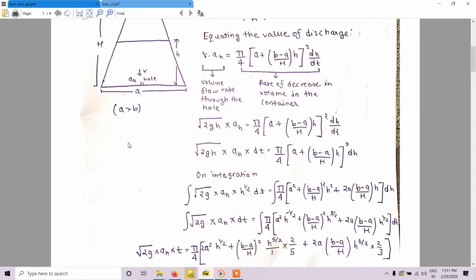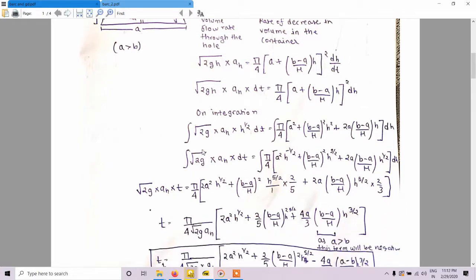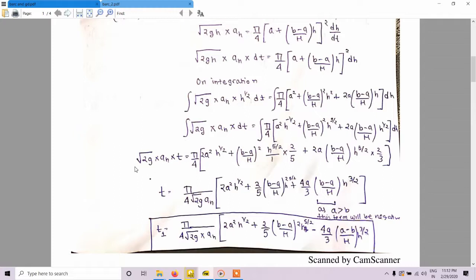Now we will take dt to this side, and we also have to take h from the left side to the right side, and then integrate. On integrating, dt will become t, and h to the power minus half will become h to the power half into 2, h to the power 3 by 2 will become h to the power 5 by 2 into 2 by 5, and h to the power half will become h to the power 3 by 2 into 2 by 3.